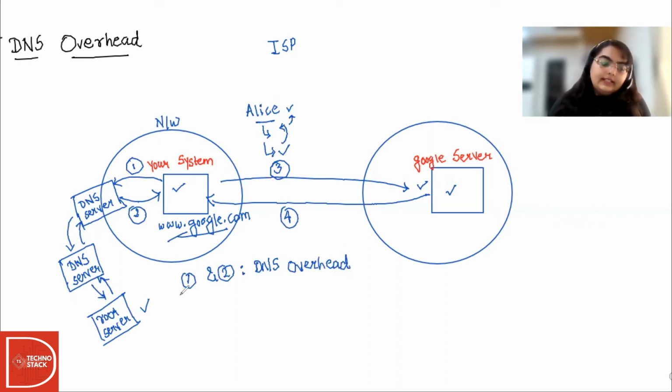The basic function of DNS is that it takes a domain name and gives you the IP. This is the basic process of a DNS server, and this entire concept is known as DNS overhead.